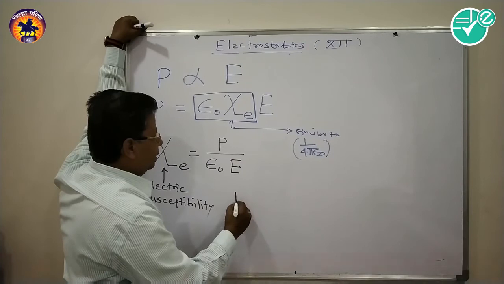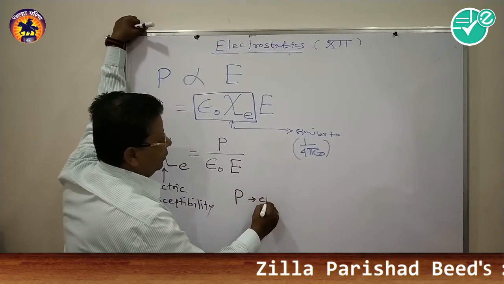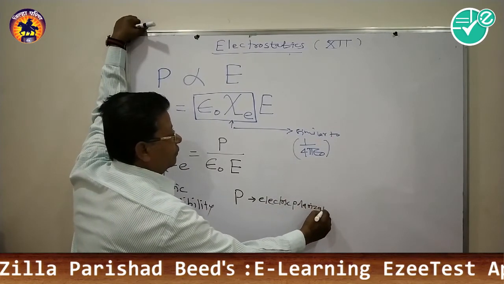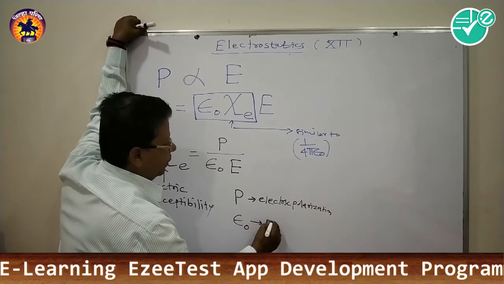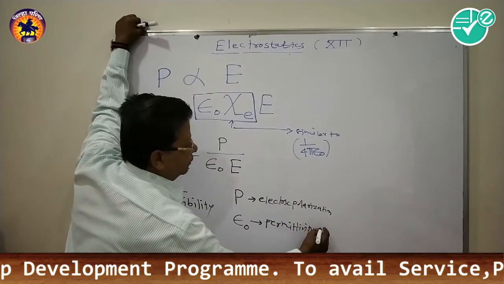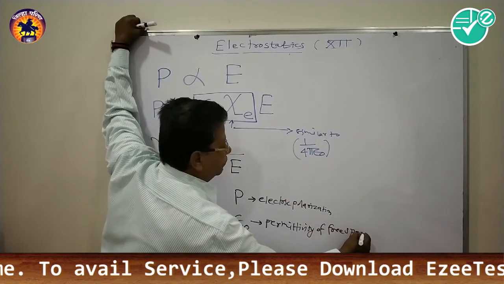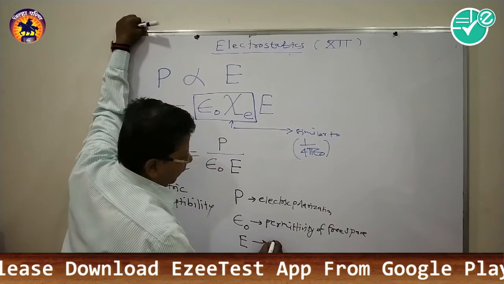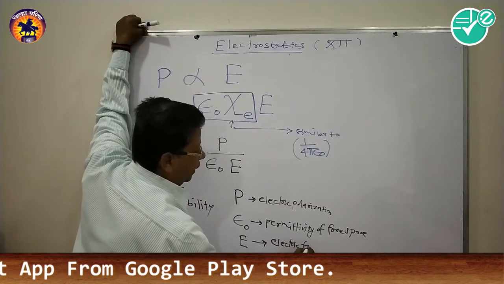On the right hand side, P is called electric polarization, epsilon 0 is called the permittivity of free space or vacuum, and E is the intensity of the electric field applied.